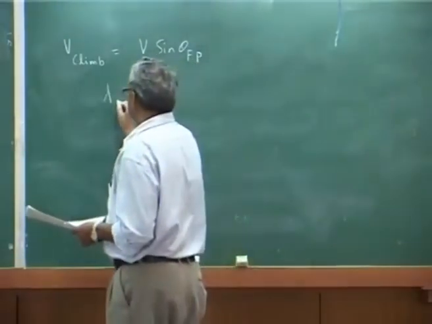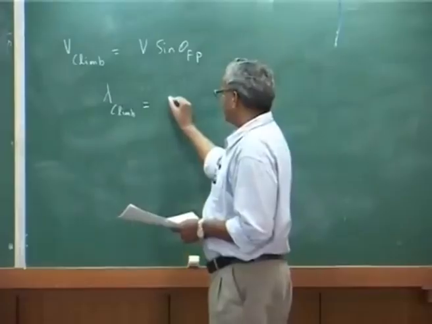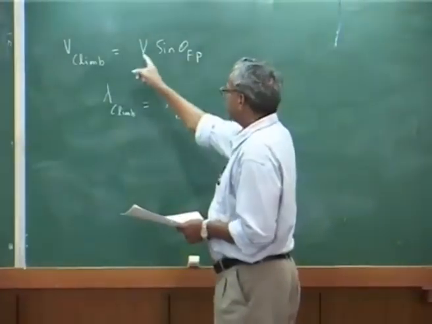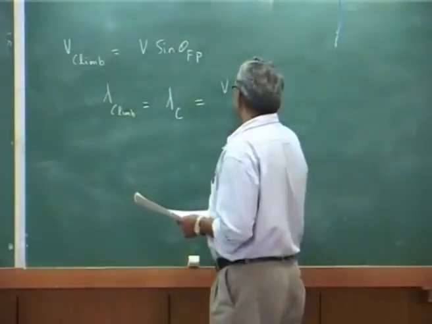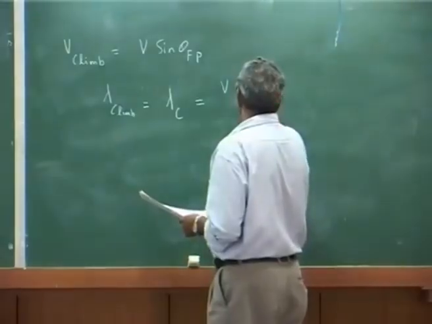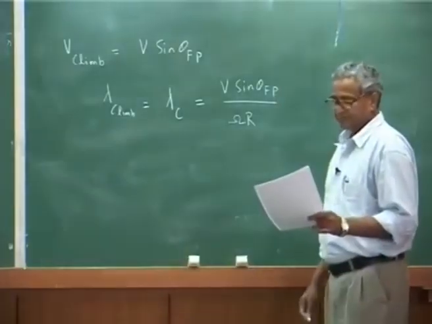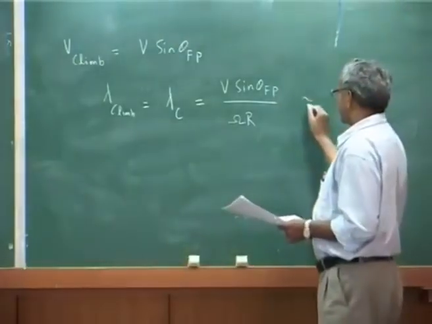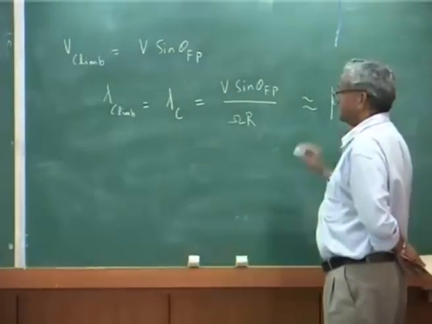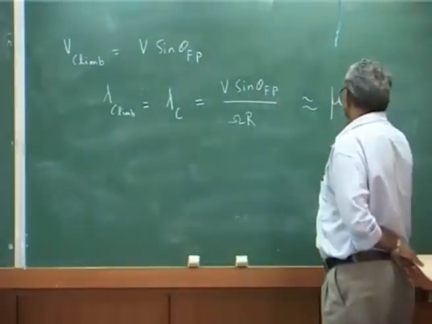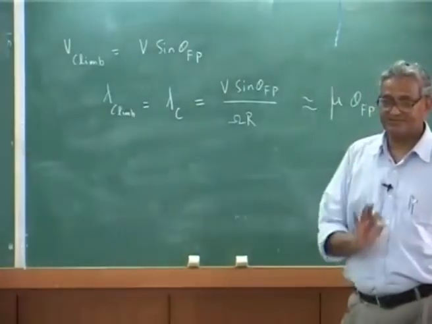Non-dimensional, if I want lambda climb, that I call lambda c, which is this divided by omega r, V over omega r, I am writing it as mu, theta f p is, okay, approximation.